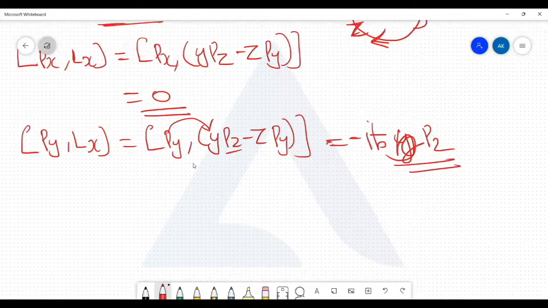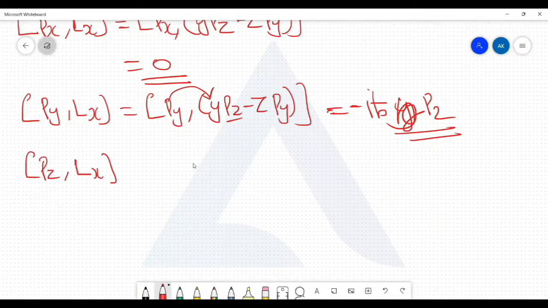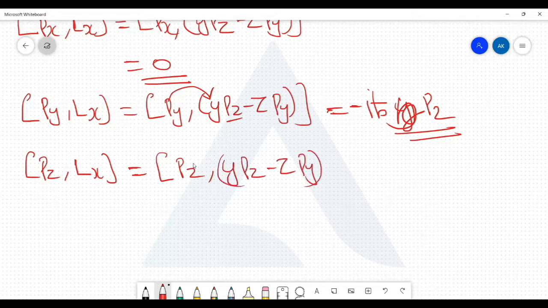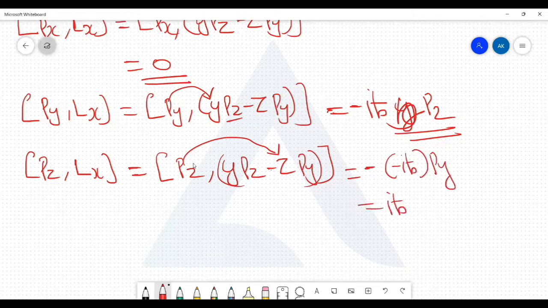Now you have pz Lx, that will be pz with Lx is y pz minus z py. Pz with z is non vanishing, so that term will exist. Already there is a minus here. Pz z is minus iħ cross py, that is iħ cross py. You see the order z x py.